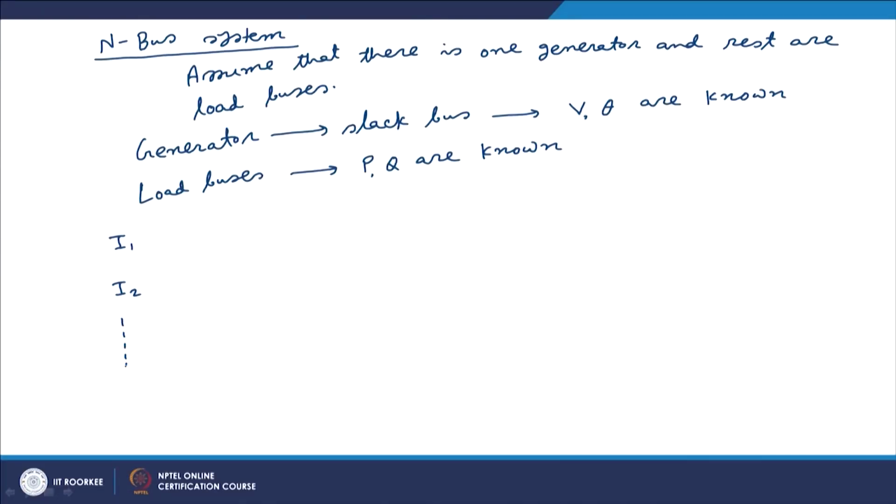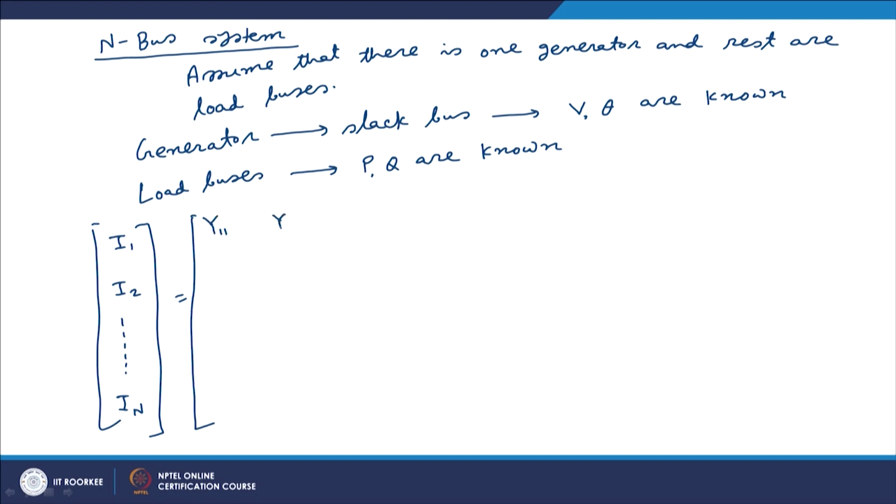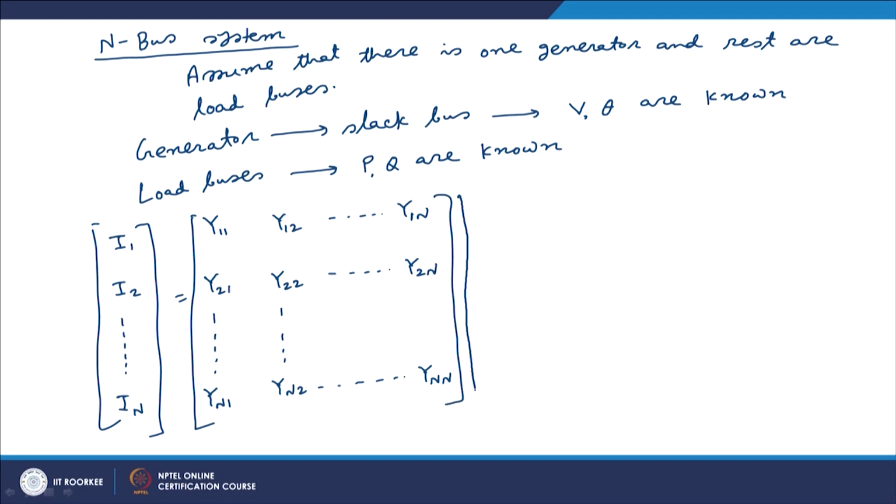So, the Y bus relations can be represented as I1, I2 to In equal to the matrix Y11, Y12 to Y1n, Y21, Y22 to Y2n, up to Yn1, Yn2 to Ynn, multiplied by V1, V2 to Vn, and these are all complex quantities.